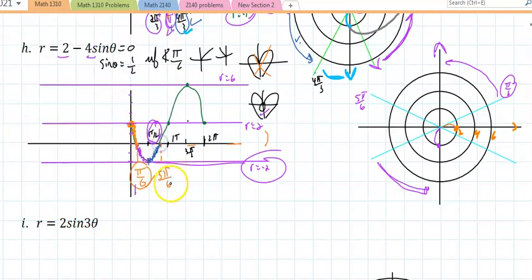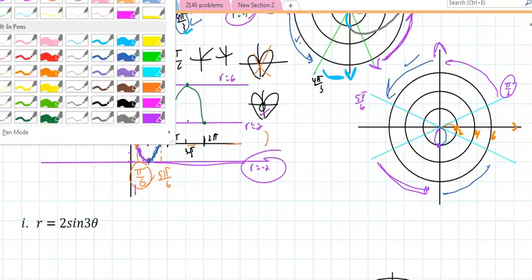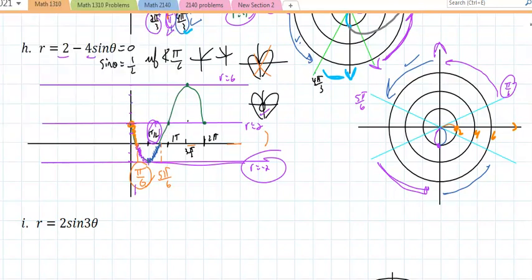It's still negative between pi over 2 and 5 pi over 6. If r is positive, I'm in quadrant 2. But if r is negative, I'm right there. So it's going to pick up. Before you reach that line, it's going to zero out again. Now that small tiny piece between 5 pi over 6 and pi, r is positive.